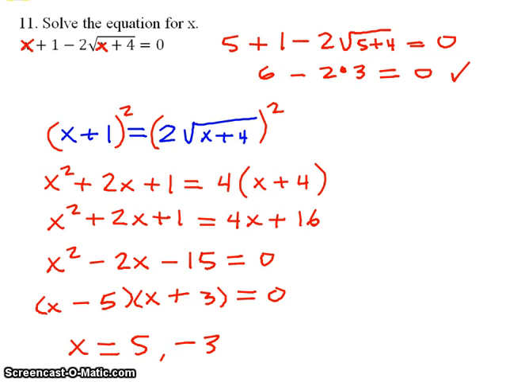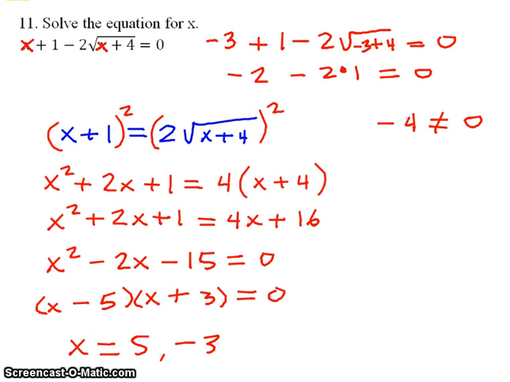I plugged in the 5 to start, and here we have a 5 plus 1, which is 6, and over here we have 2 times the square root of 5 plus 4, which is 9, which gives us a 3. 2 times 3 is 6, so we have 6 minus 6, which is 0. That checks out.